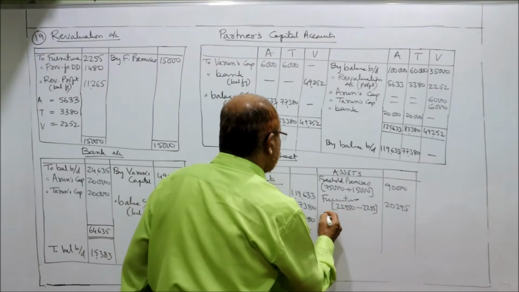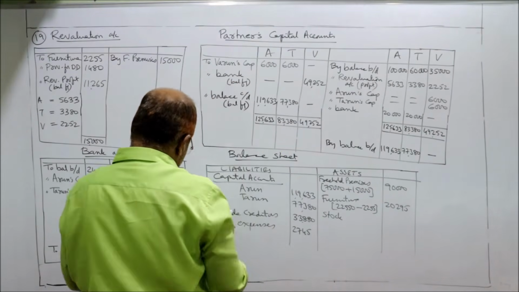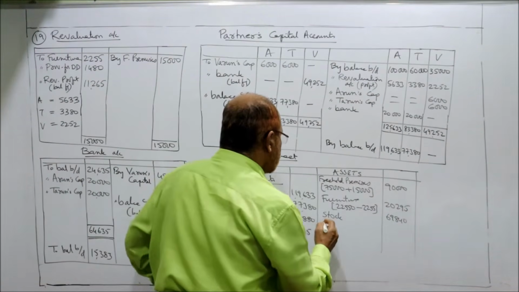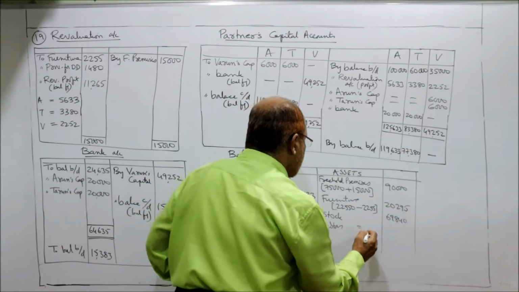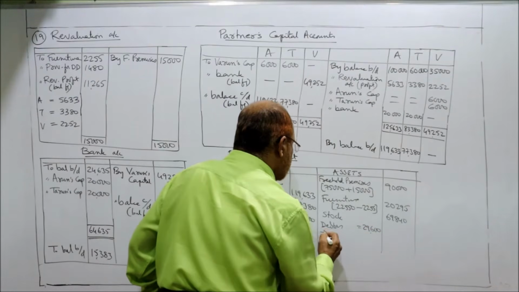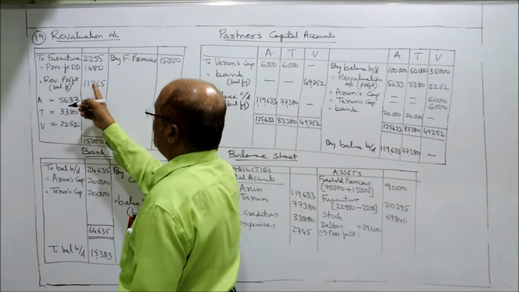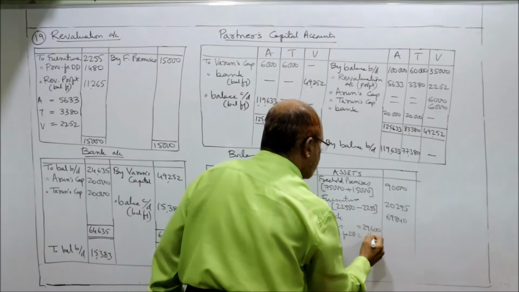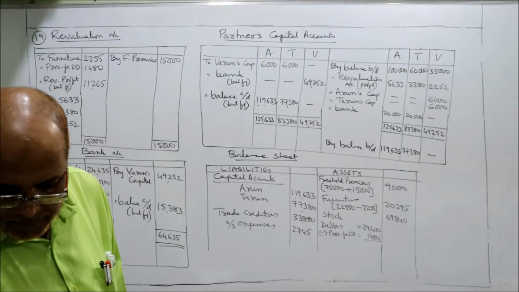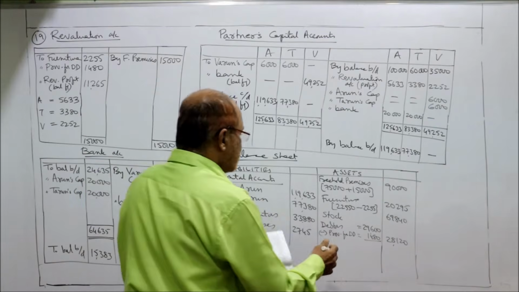Then stock. There is no change of stock. So same amount, 69,840. Then we have debtors. As per the old balance sheet, debtors 29,600. From this we subtract provision for doubtful debts. Here how much reserve for doubtful debts? 1,480. Subtract 1,480, 28,120. Next is bills receivable.